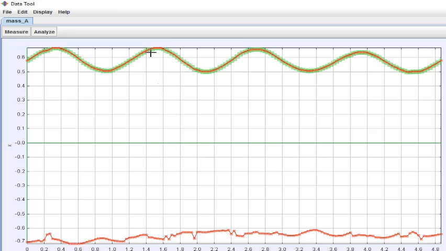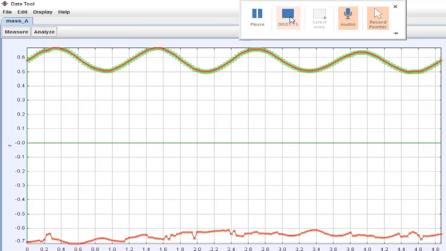So what I did was I found the time value, or t value, at this maximum point here, and the t value at this maximum point over here. I found the difference between the two, which gives the period for one cycle, and then I did 2 pi over that period that I found to get omega, and once again I did this for both graphs.